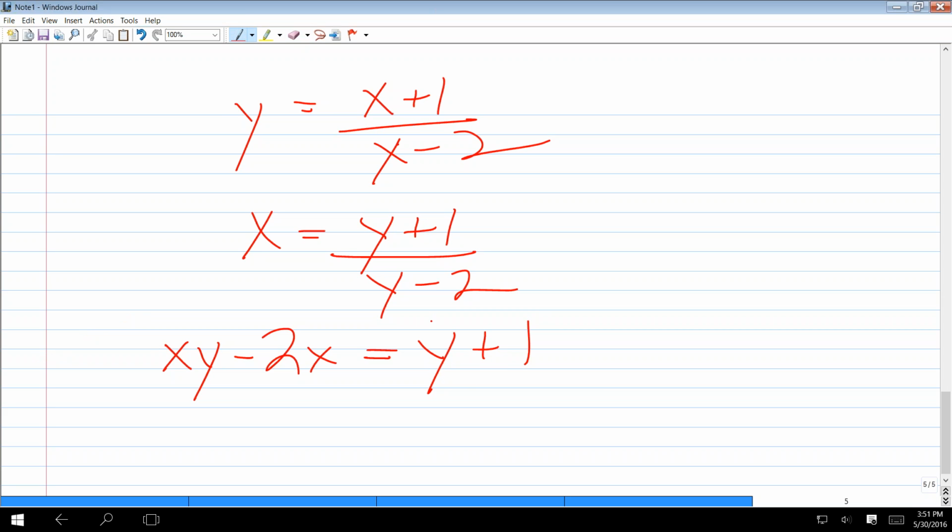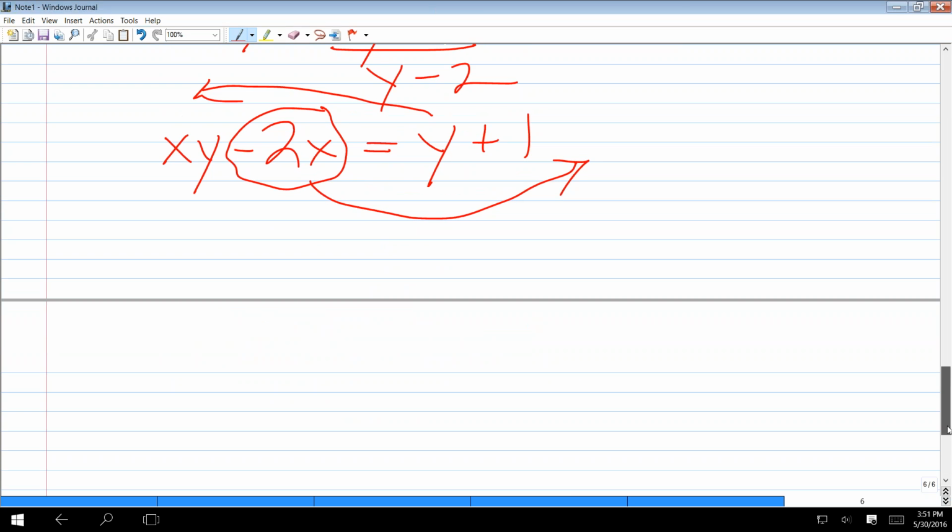Let's move this y to this side of the equation, and let's move this to that side. That's basically what I said, gather everything with y in it. There's two terms that have y in it, this xy and this y. So after I do these two procedures, I'm going to have xy minus y equals 2x plus 1.